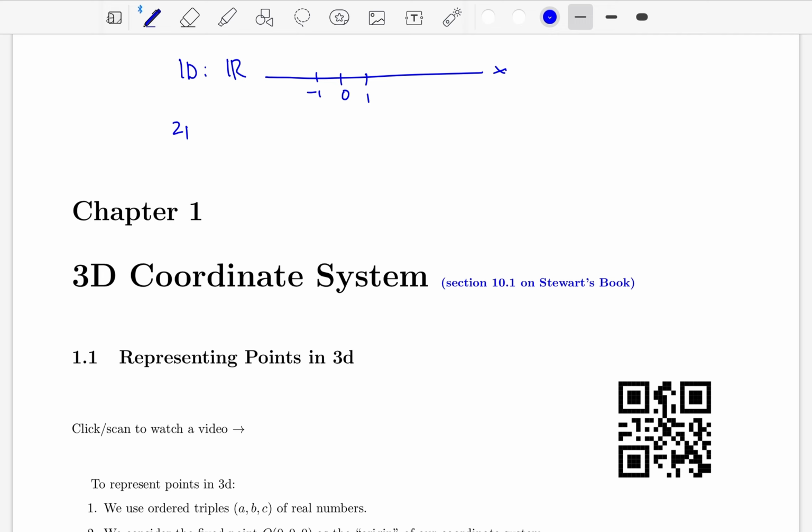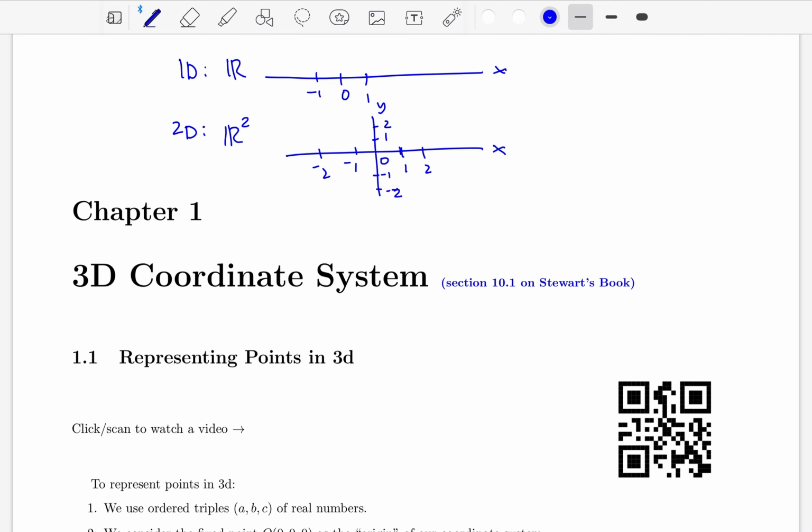Now in 2D, we're going to use R squared, which means I am literally copying the x-axis. So now I have my x-axis, and then I make a copy of it, and now I have the y-axis. And this is what we know. We know how to deal with the Cartesian system. Since I'm copying this, if this is 1 and 2 and -1 and -2, 0 is here, then y will be 1, 2, -1, -2, just like we know.